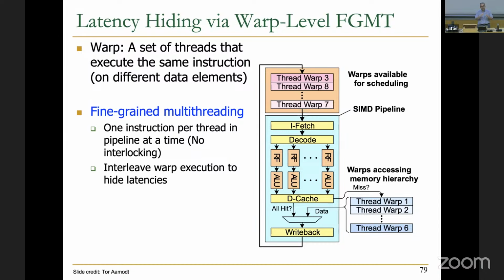It's different from the instruction-level parallelism we have seen in out-of-order execution, where you relied on switching between independent instructions of the same thread such that you can hide latencies.